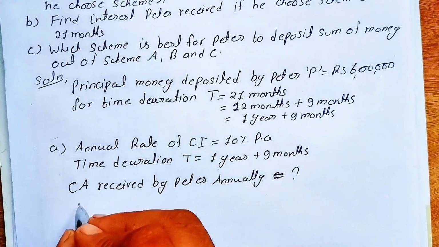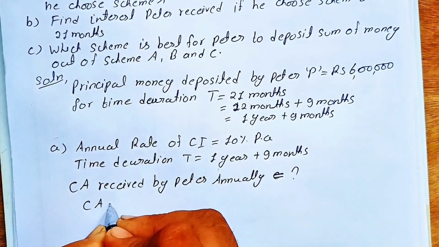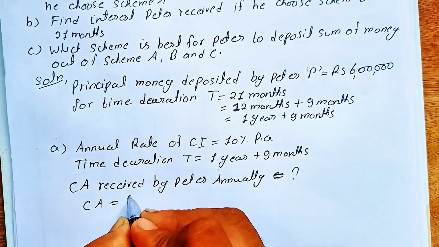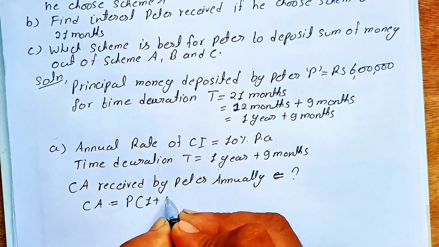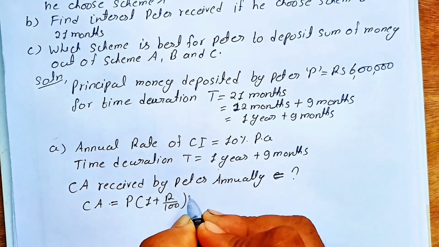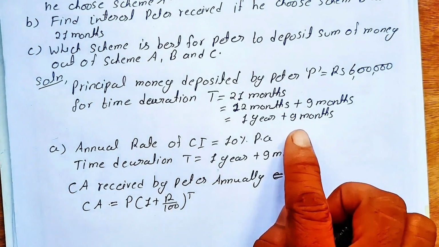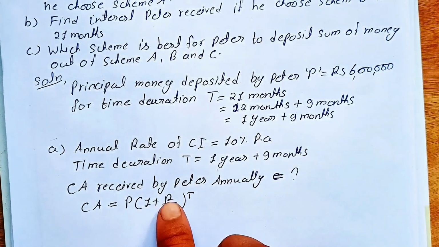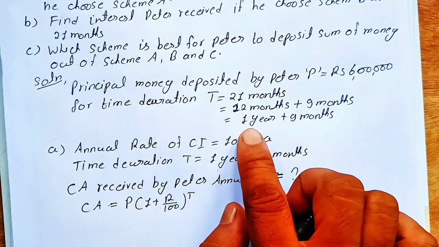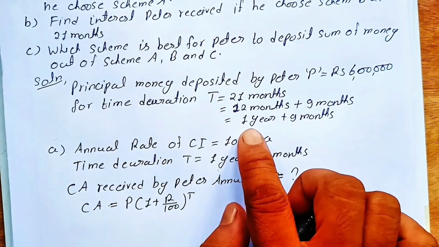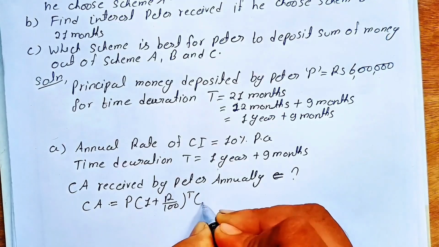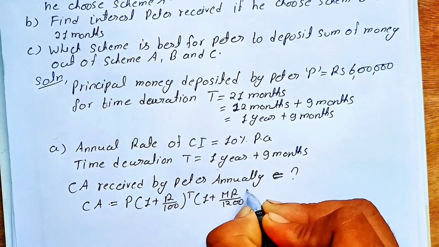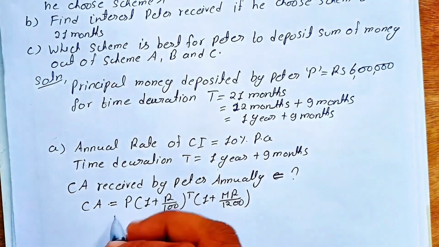So let's put the formula of annual compound amount, that is C equal to P(1 plus R upon 100) to the power T, and we also have to use the factor for 9 months, as this relation is used for exact integer years, not fractional years. So here we again put the factor, that is 1 plus mR by 1200 for the 9 months.